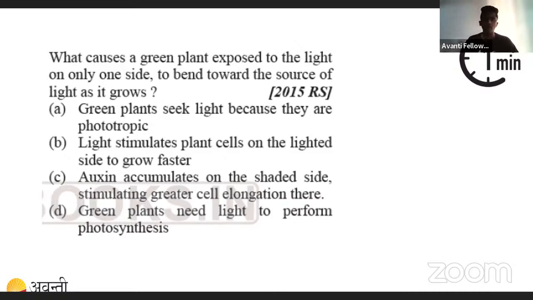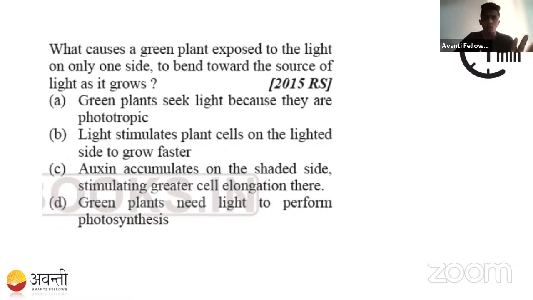So the question is, whenever a green plant is exposed to light on one side, usually we know that the plant moves toward the light, wherever the light source is available. So what is happening here? Whenever we place a plant near a light source, the accumulation of auxins will take place on the shaded part, wherever the light is not falling.